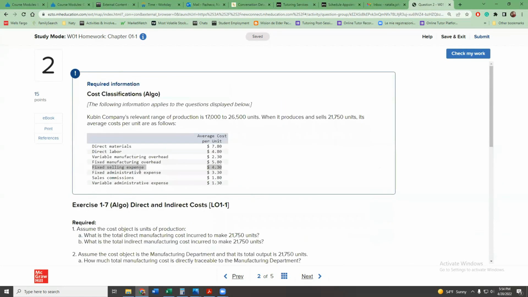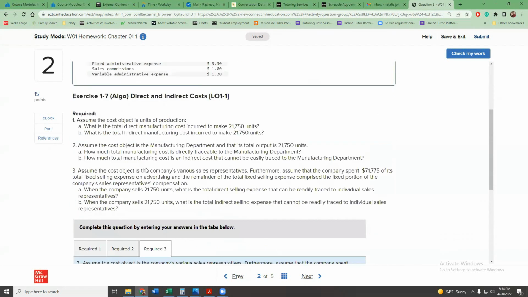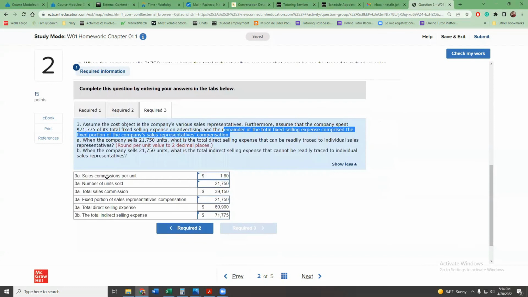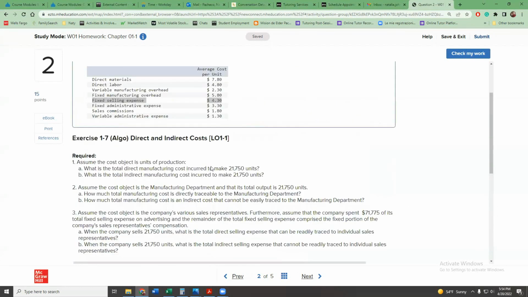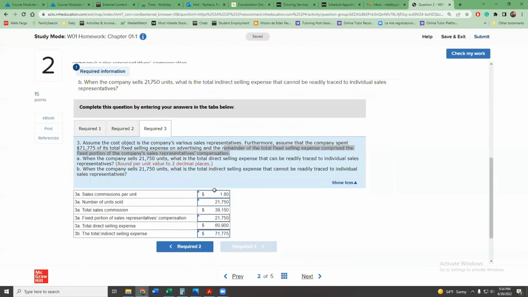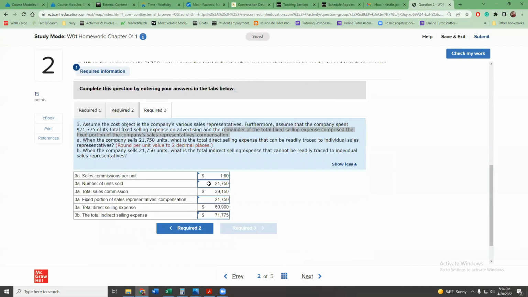Okay, so from this fixed selling expense, we have advertising and compensation. So the first question is, what is the sales commission per unit? They gave it to us as 180. And then the number of units sold, again, is 21,750. So if we multiply that, we'll get 39,150.